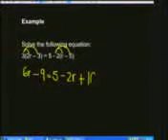Negative 2 times r is negative 2r. And be very, very careful now, because negative 2 times negative 5 means negative times a negative gives me a positive. And 2 times 5 is 10. Just check my answer and make sure you do understand that.